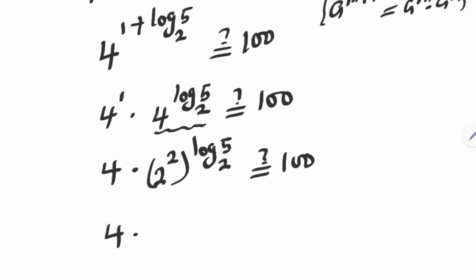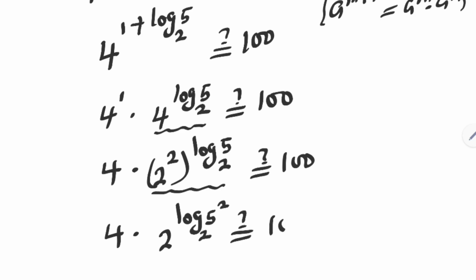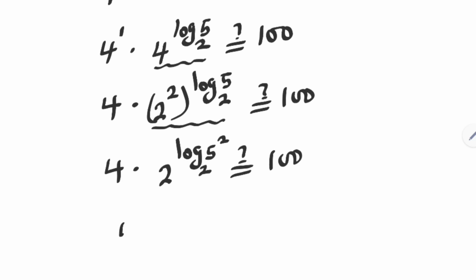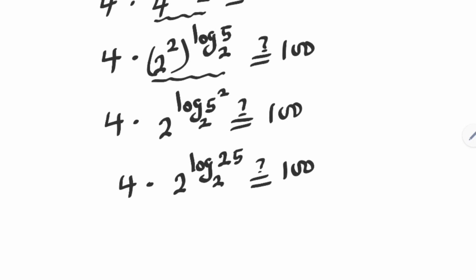Then this is 4 multiplied by the whole of this can be written as 2 raised to power log 5 square base 2 must be equal to 100. 4 multiplied by 2 raised to power log 5 square, that is 25 base 2 must be equal to 100.